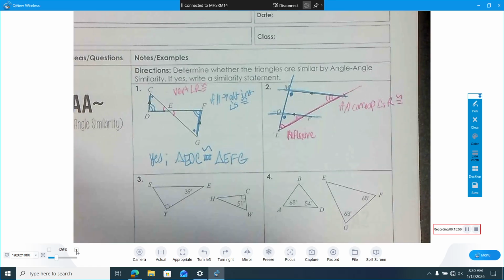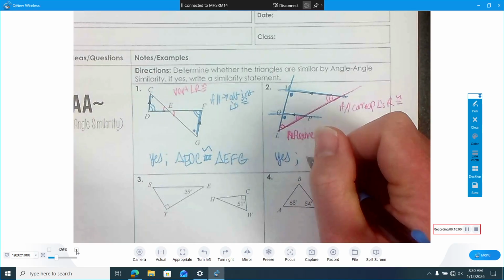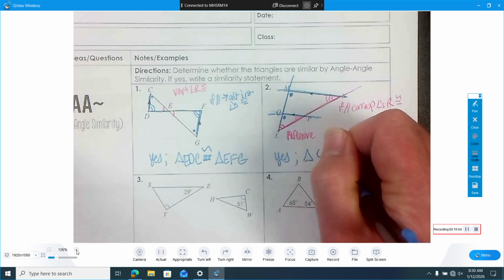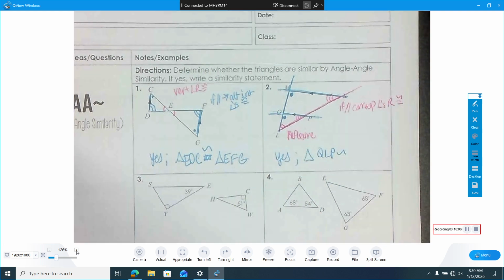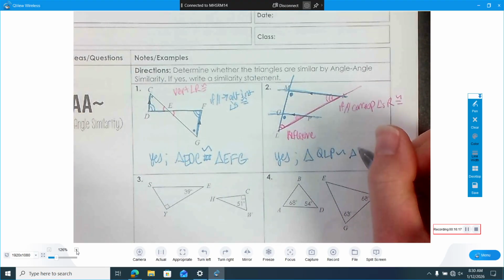All right, so they are similar by angle similarity. So triangle, I'm going to go triangle QLP. QLP is similar to which triangle? MLN.